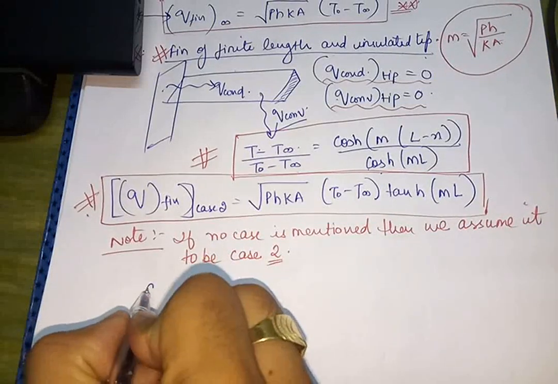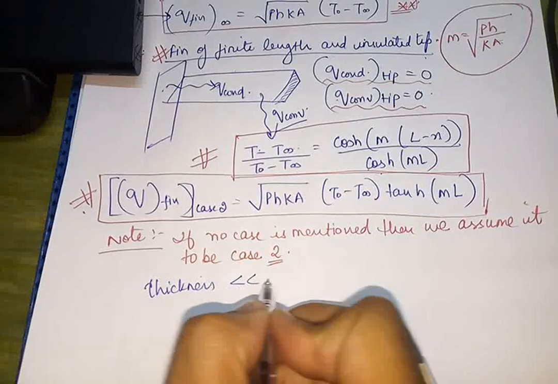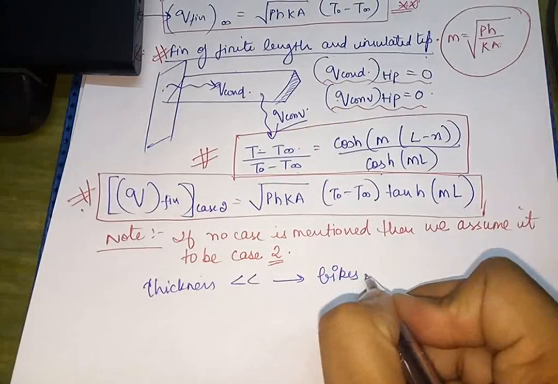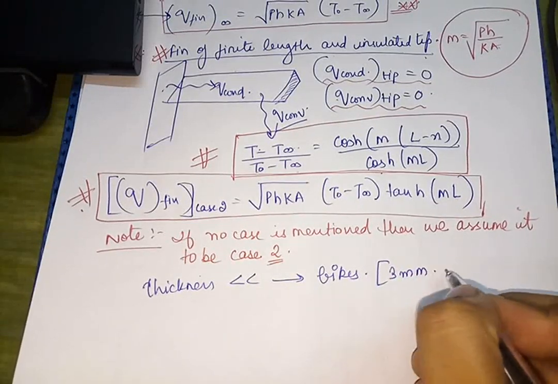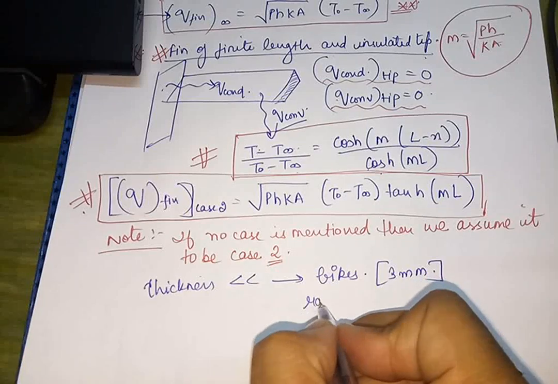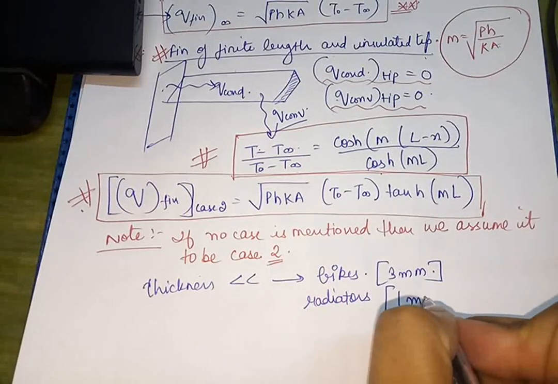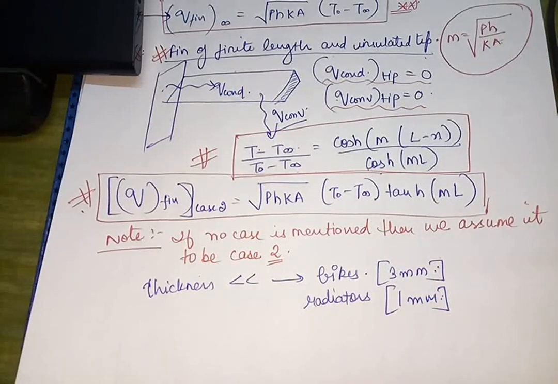For example, this is generally used in case of bikes, nearly about 3 mm thickness, and in case of radiators of car, the thickness is about 1 mm. So you can imagine how less thickness these two components are having in case of the fins.